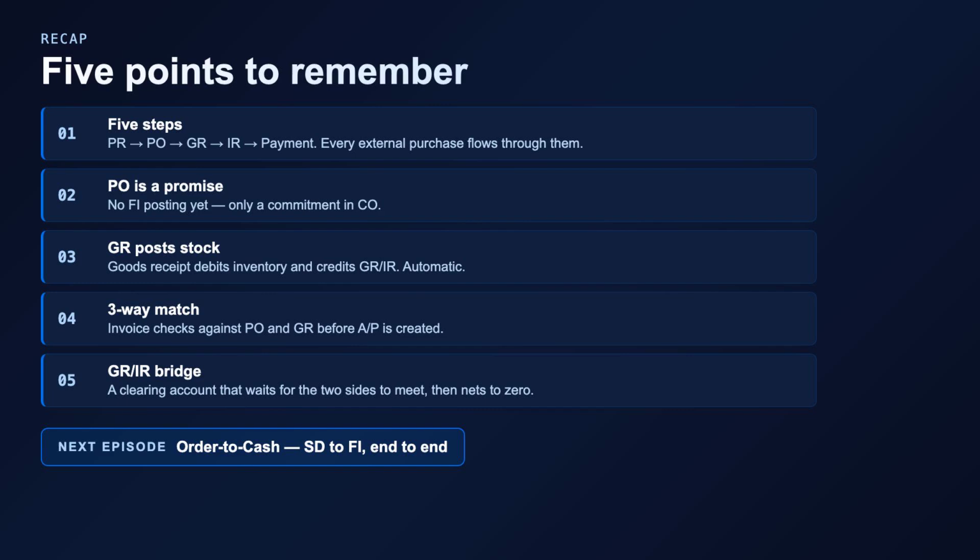The 3-way match between PO, goods receipt, and invoice is the sanity check before AP is ever created. And GRIR is the bridge that lets stock postings and vendor liability happen on different days.